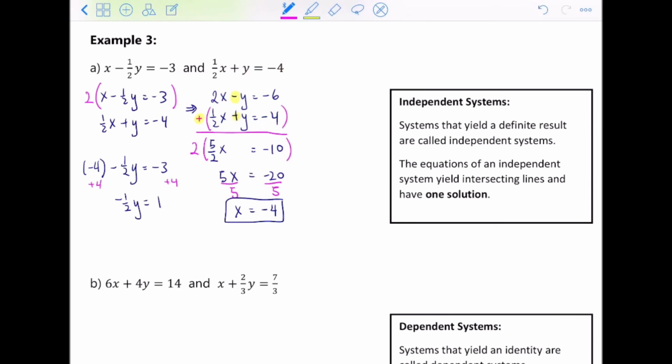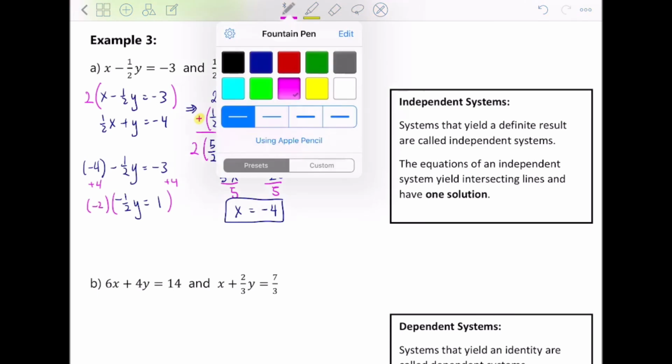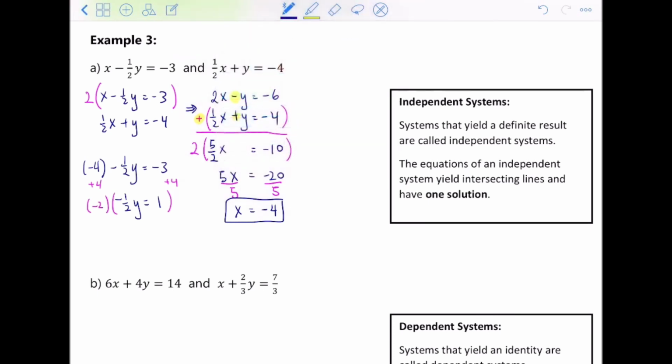And we're going to multiply both sides by negative 2. Okay, so we get y equal to negative 2. So the solution set is negative 4 and negative 2.